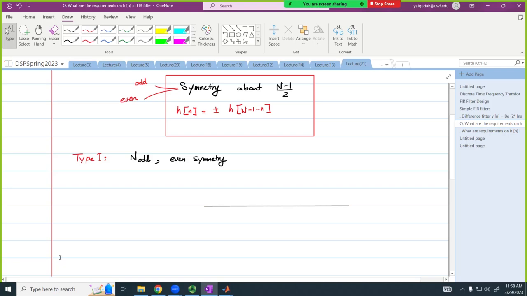So if you look at the impulse response, it might look something like this. This is the axis. I'm going to plot the impulse response in blue. So at 3, I'm going to have an impulse that looks like this.